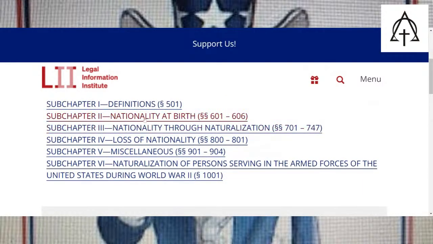They've got nationality at birth, nationality through naturalization, loss of nationality, miscellaneous, naturalization of persons serving in the armed forces of the United States during World War II.